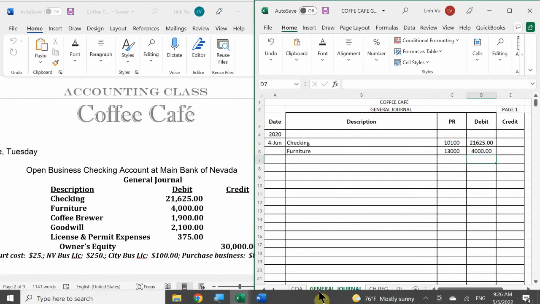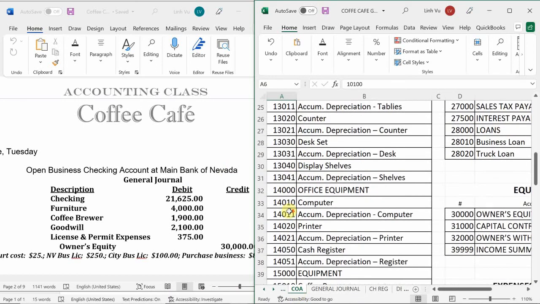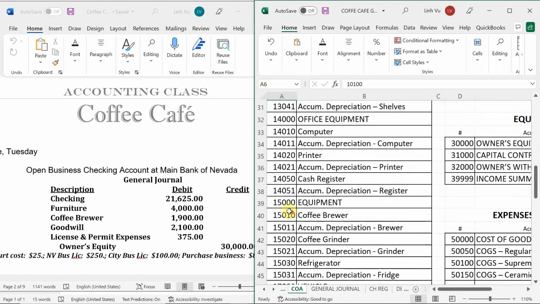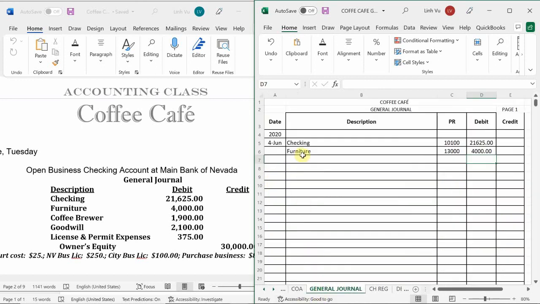Then we bought a coffee brewer, which is account number 1510, for $1,900.